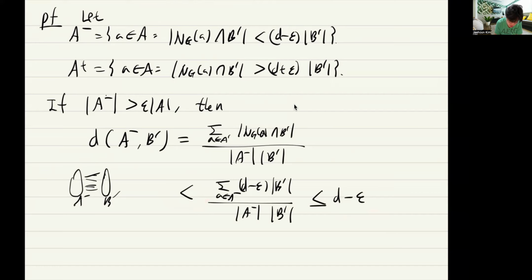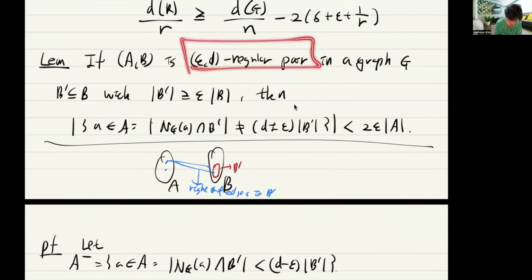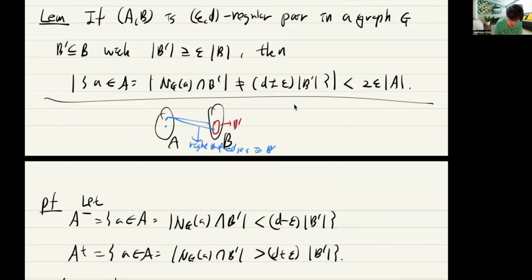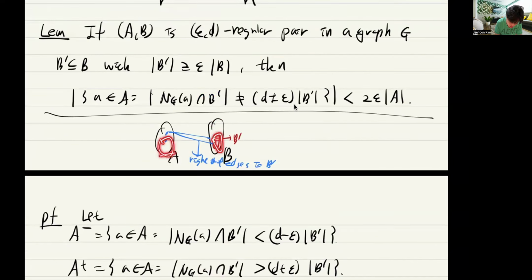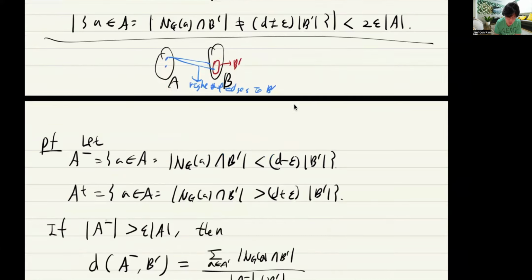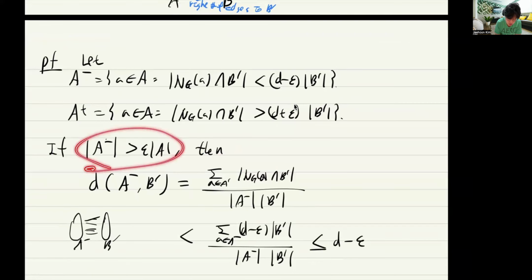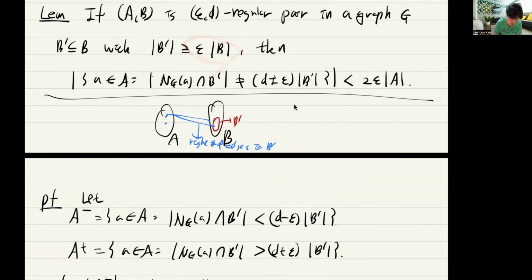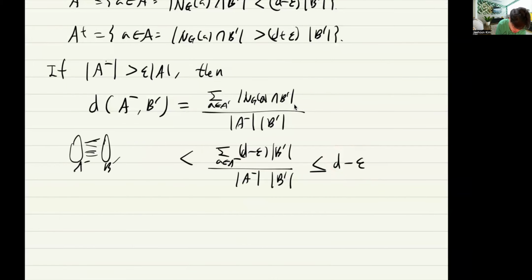But what did we say? We said that this is an epsilon d regular pair. That means however you take subsets A prime and B prime, which have size at least epsilon times A and at least epsilon times B, then the density between them should be at least d minus epsilon. But here the sets have size at least epsilon A and epsilon B, yet the density is smaller than d minus epsilon, a contradiction to the definition of regularity.